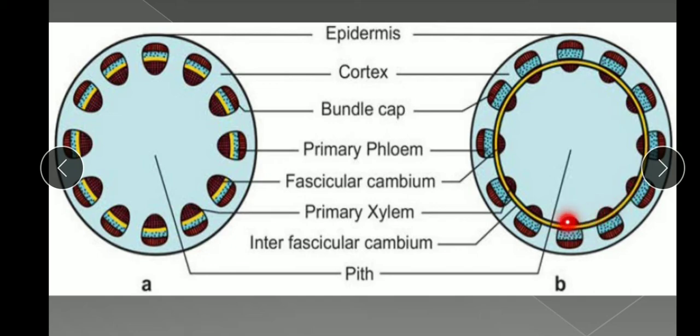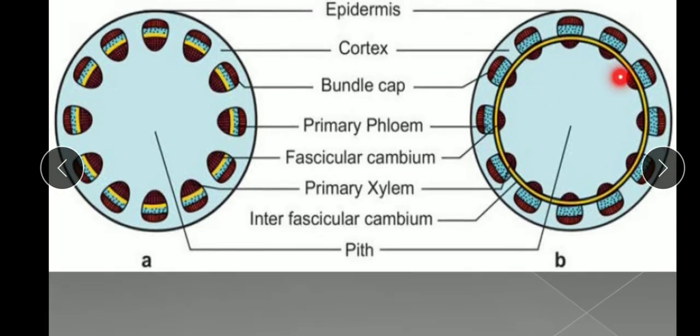This complete ring is known as the ring of cambium. Both are meristematic tissue, they undergo cell division, and after growth they form a continuous ring, known as the cambium ring or ring of cambium.